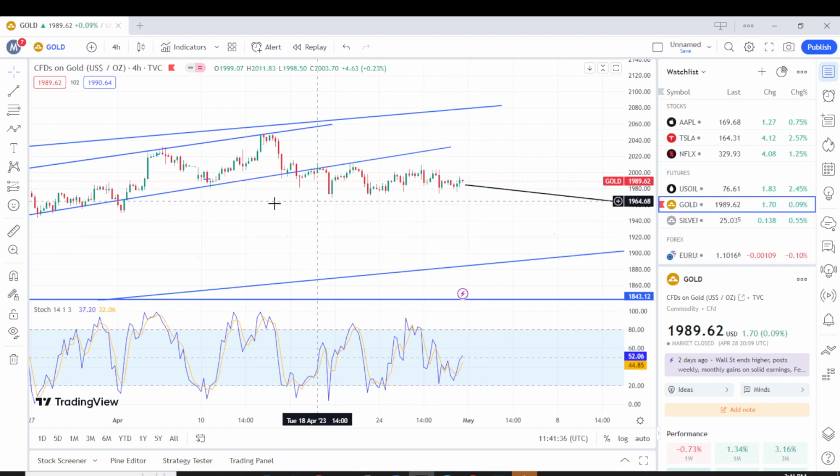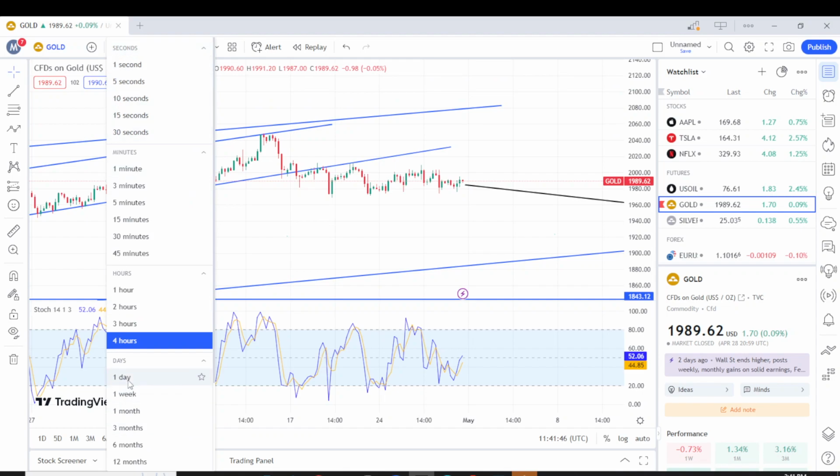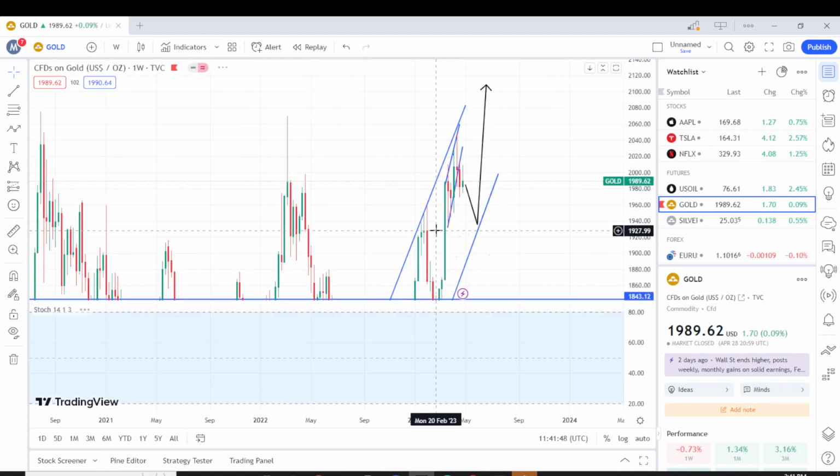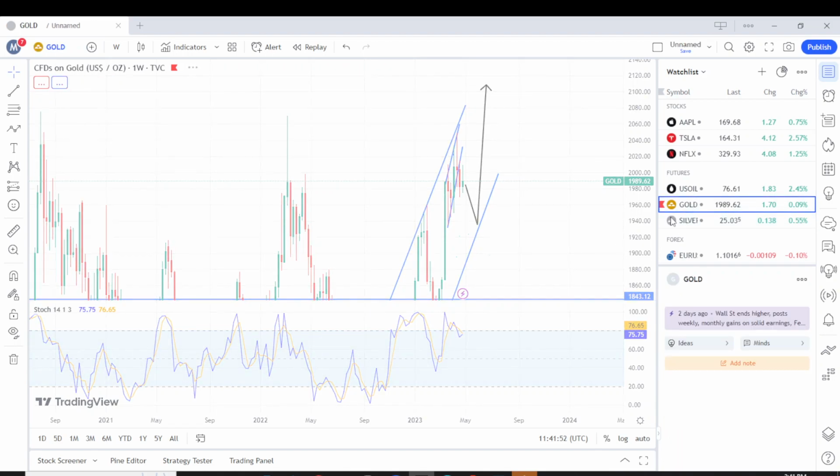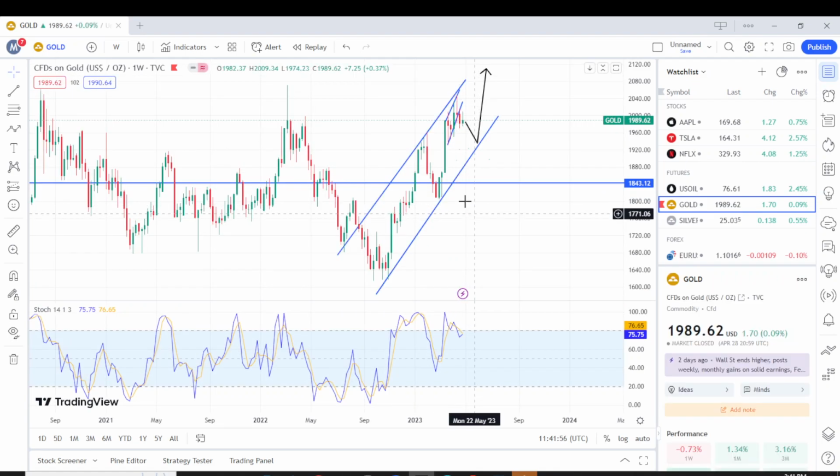So actually, this is the gold focus for this week, that we are bearish on gold, expecting it to come and go down so far to the level that we have already indicated here.